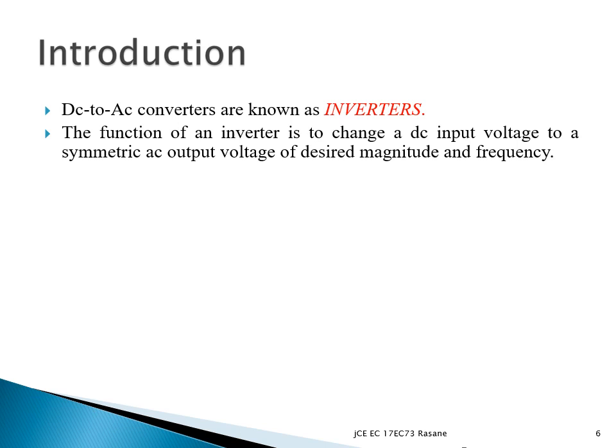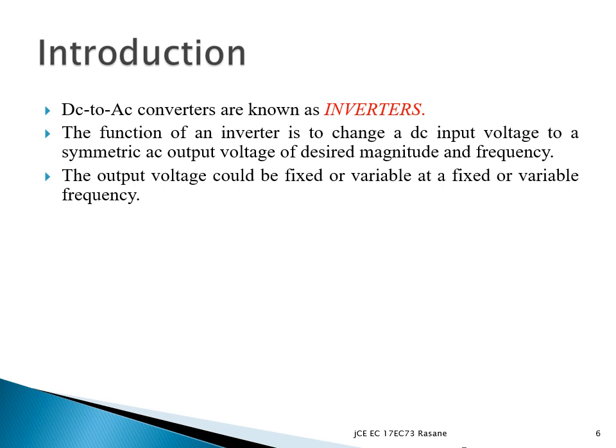The function of an inverter is to change a DC input voltage to a symmetric AC output voltage of desired magnitude and frequency. So the output is AC, input is DC, and the output magnitude could be whatever you desire, fixed, and also required frequency as well.